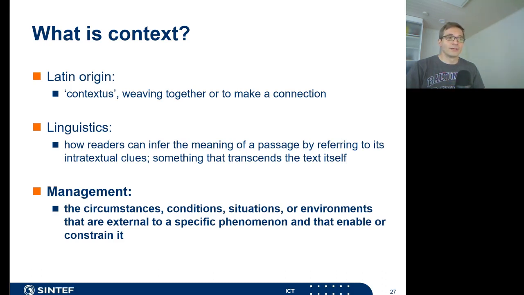For software engineering, the definition from management is the most relevant. In management, context means the circumstances, conditions, situations, or environments that are external to a specific phenomenon or technology and that enable or constrain it.